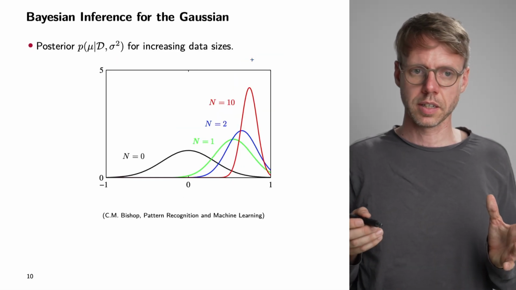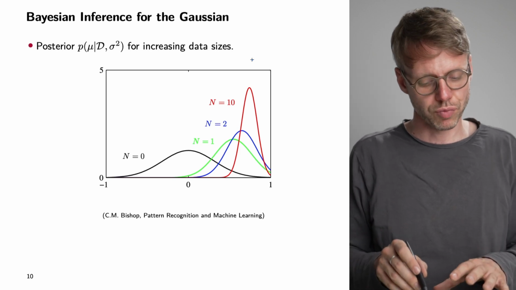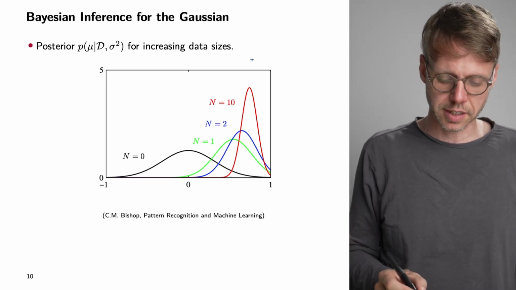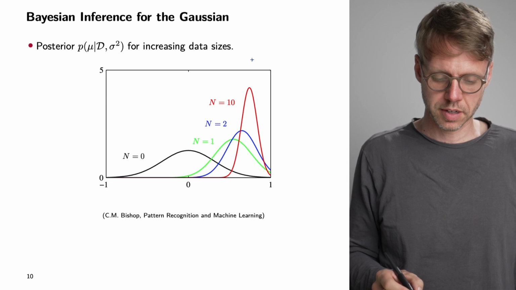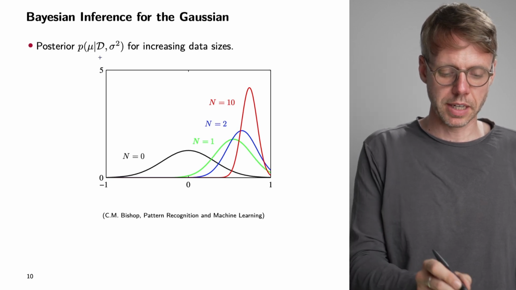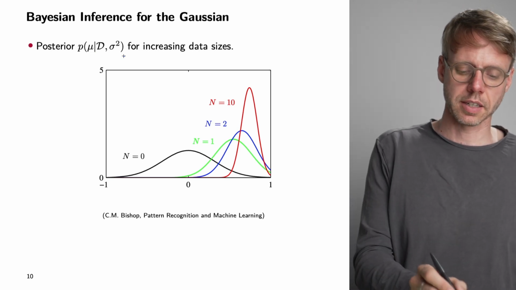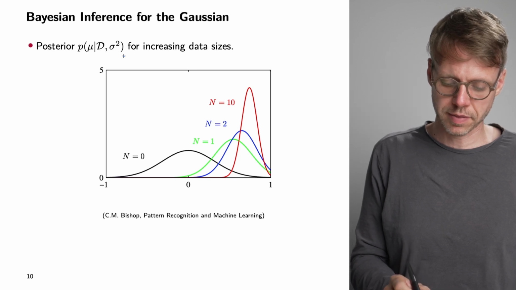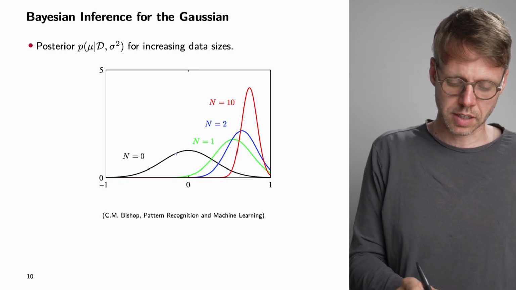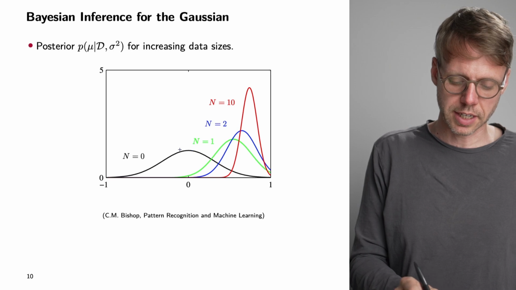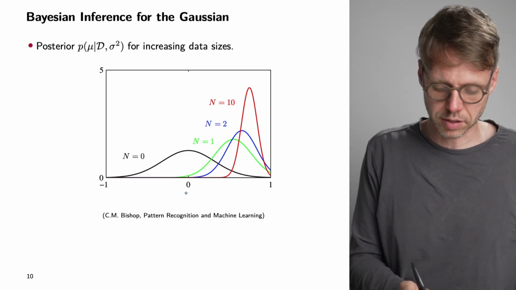Let's look at the posterior for various sizes of n. So the posterior of the mean, given the data set and a known variance, is, without any data, equal to the prior.